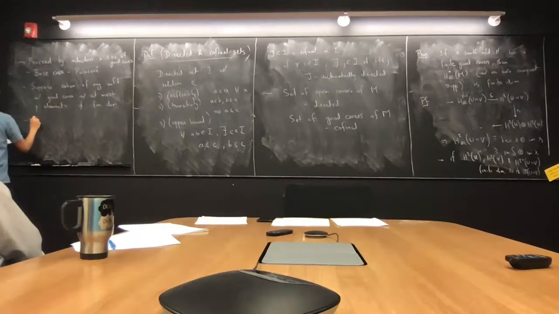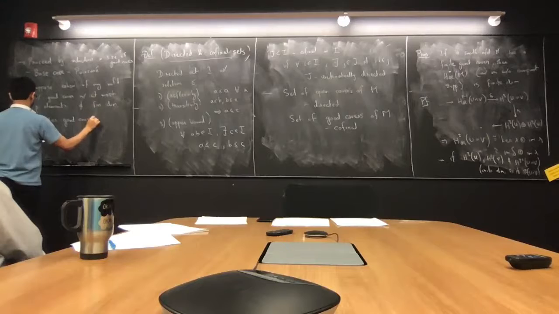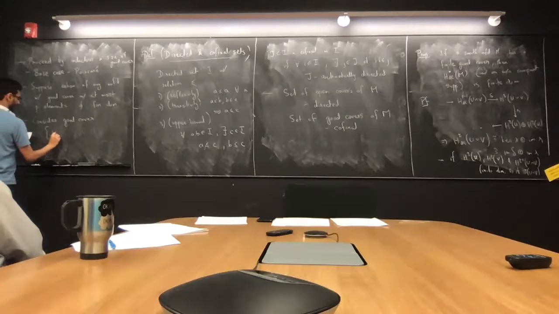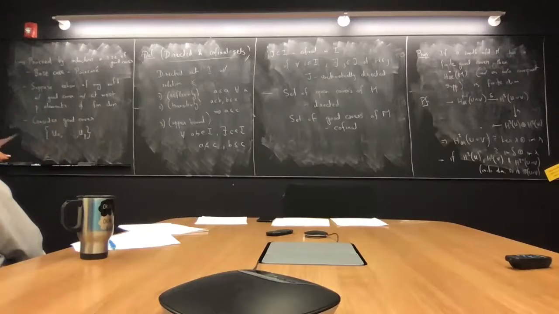And consider a manifold with a good cover given by a collection U0 dot dot dot UP of P plus 1 open sets.